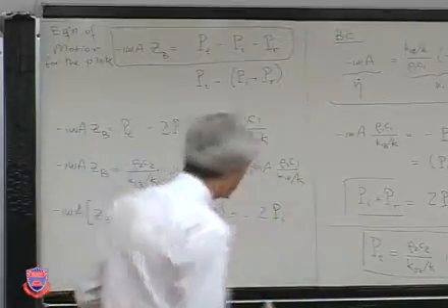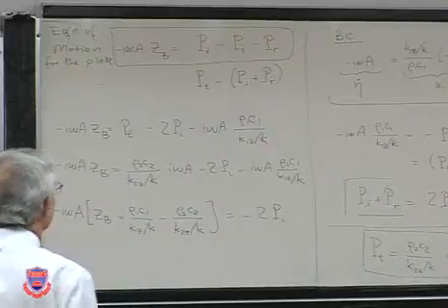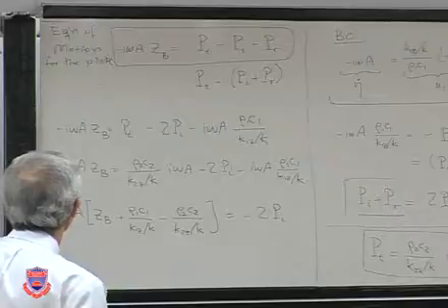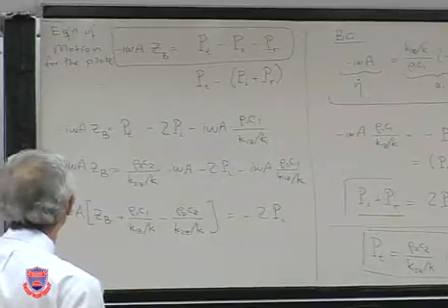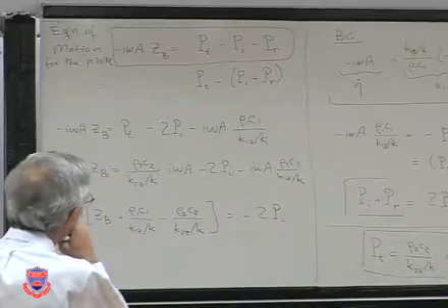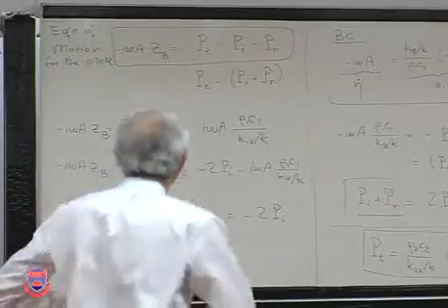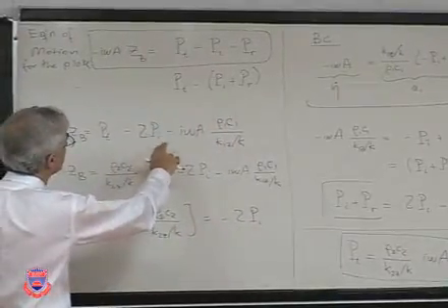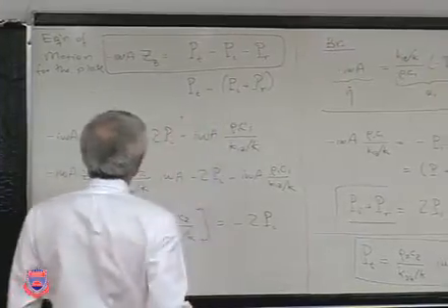Let me see, I want to check the signs just for a moment. I think there's something, it's not quite right. Let me just see. First should be plus minus I omega A. First, which one? Right here? This should be plus, you say? Let me just see.